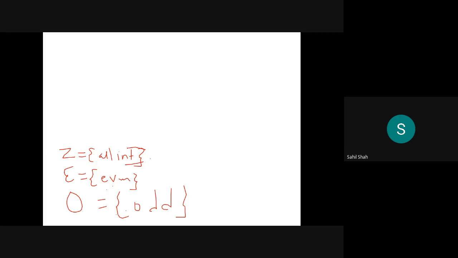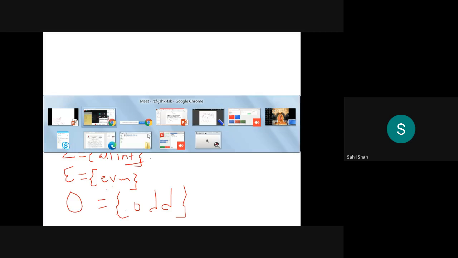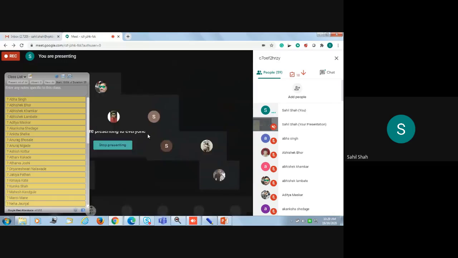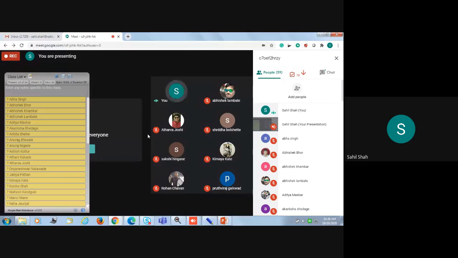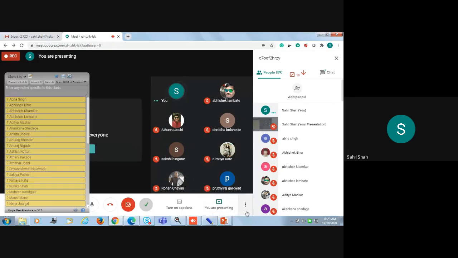Okay. So I think I will open a Jamboard, if it is feasible at your end. You can answer the possible partitions for the given examples. I'll be writing the possible sets on the Jamboard.